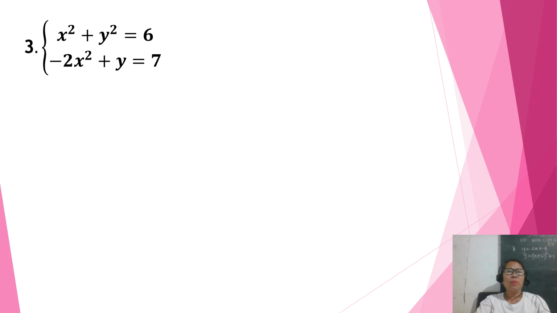System number 3. This time it is quite challenging, because I'm sure that we will be getting the value of x in terms of y or y in terms of x. So try to check which equation you will use to get the value of y in terms of x or x in terms of y.